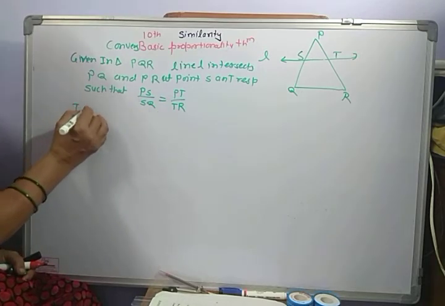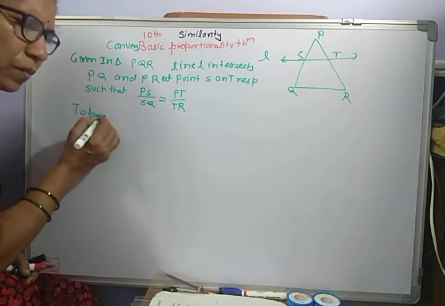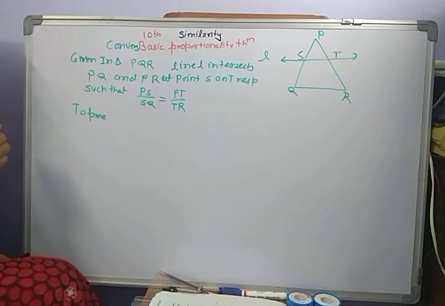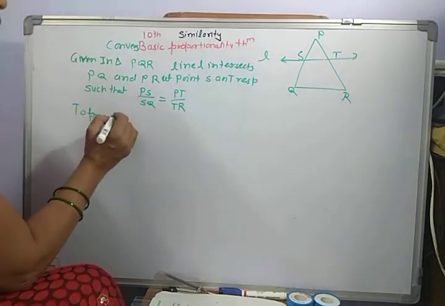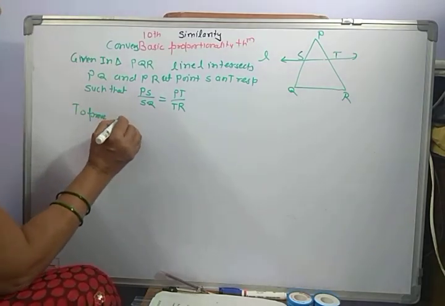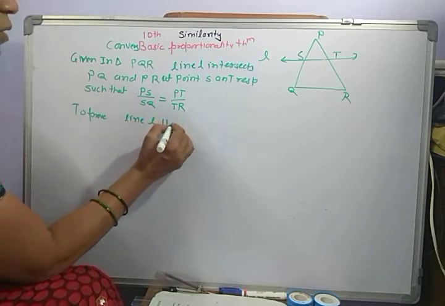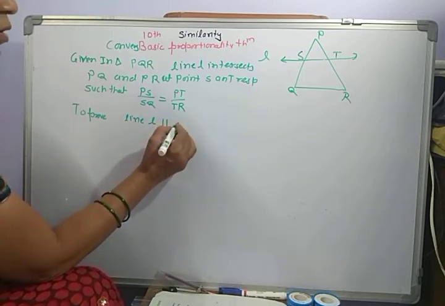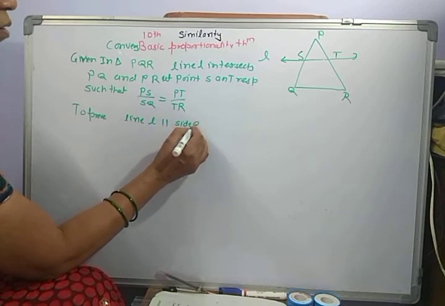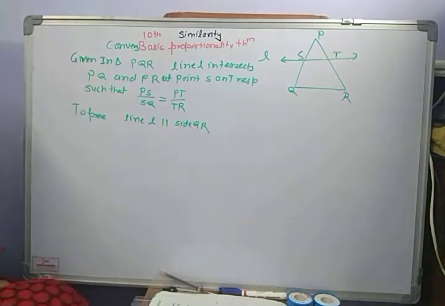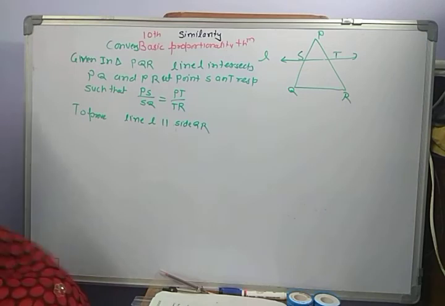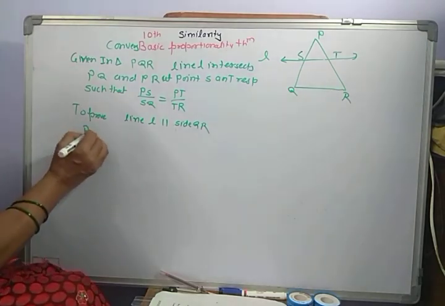To prove: line L is parallel to side QR. Suppose it does not happen, so this we have to prove by the indirect method.